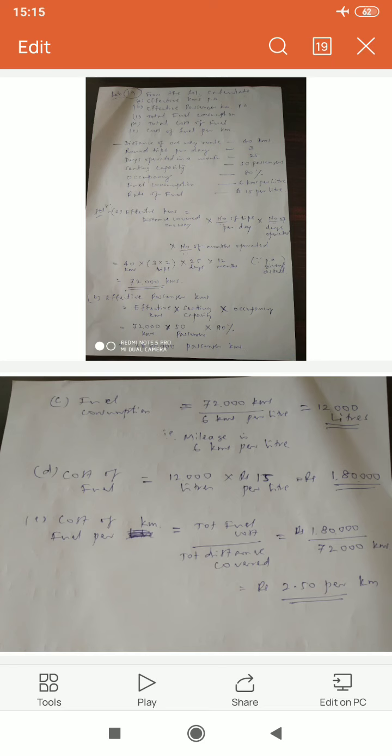Now, in the first instance what you have been asked to ascertain or calculate is effective kilometers per annum.